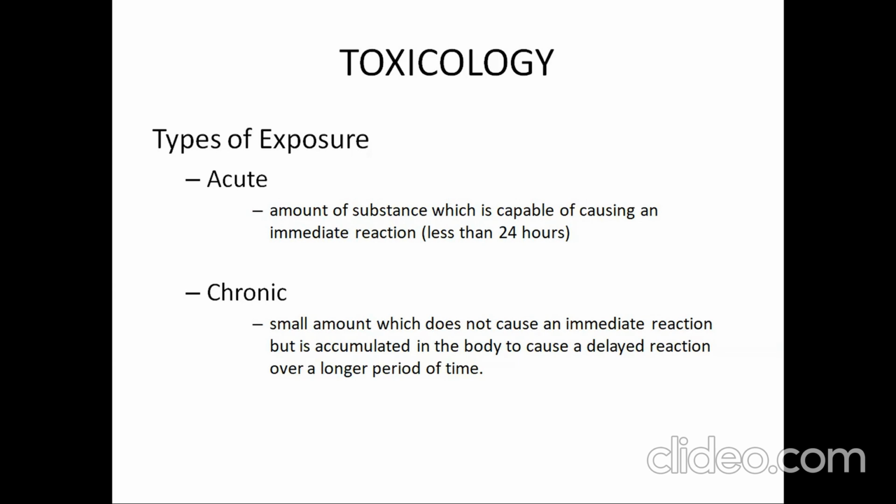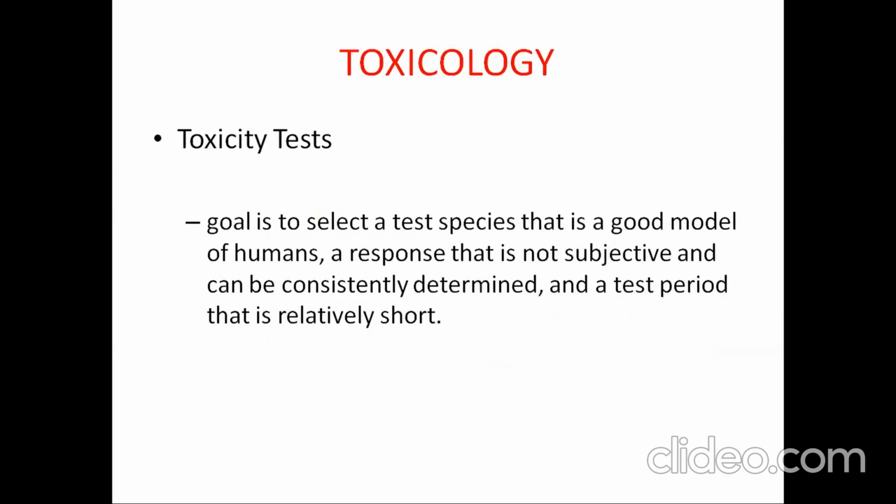What is chronic toxicity? A small amount which does not cause an immediate reaction but accumulates in the body to cause delayed reactions over a longer period of time is called chronic toxicity.